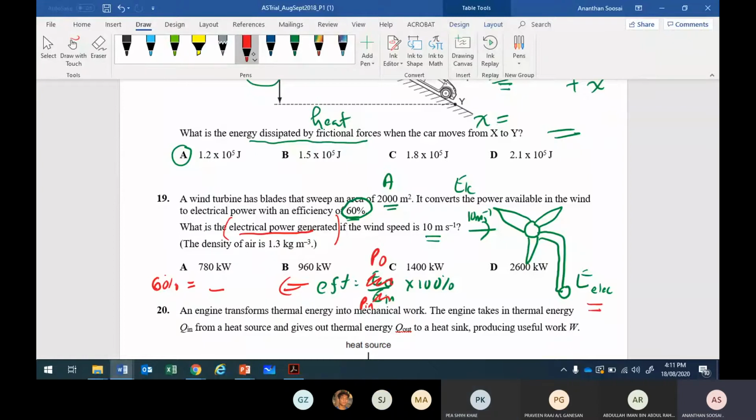Yes. So you are looking for the output. Output is the electrical power. Input is the kinetic energy over the time, because kinetic energy over time is the input power, times 100%. This is the formula.